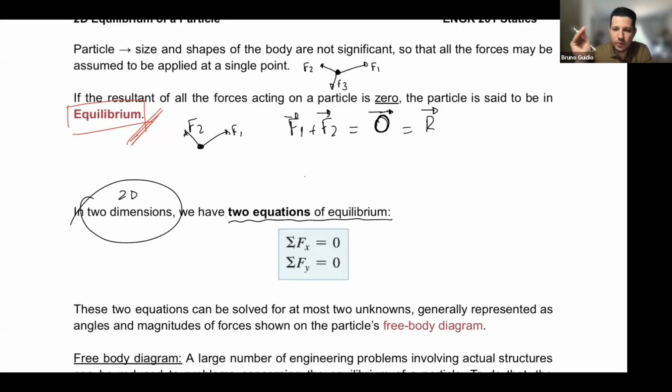If we want equilibrium, we want the resultant to be 0. For the body, in this case the particle, to be in equilibrium, what we need is the x components and the y components. Once we sum them, they should be 0.